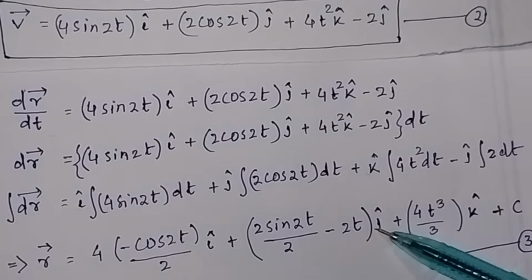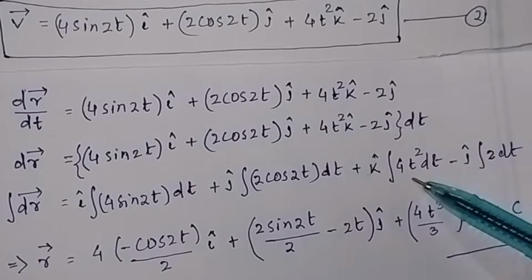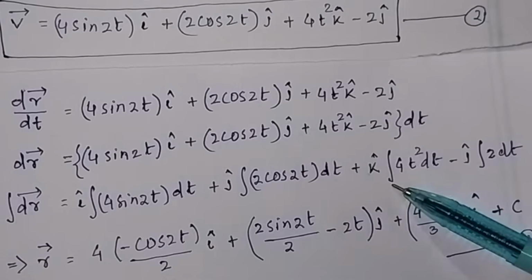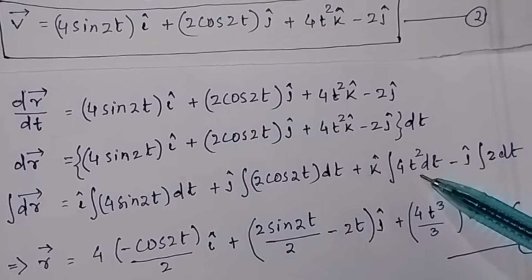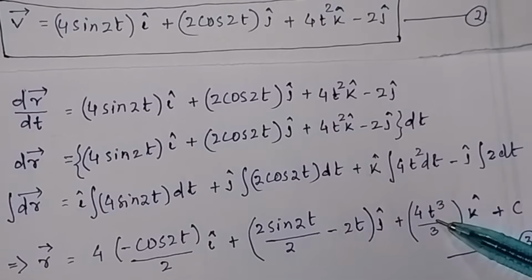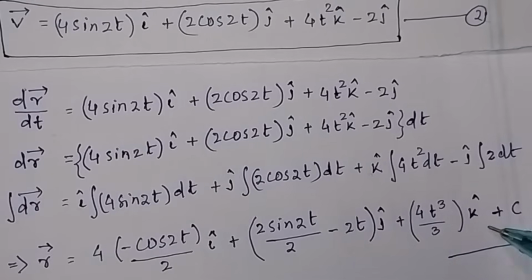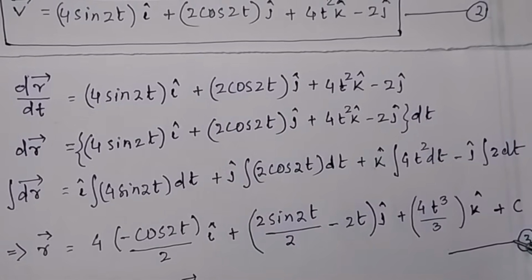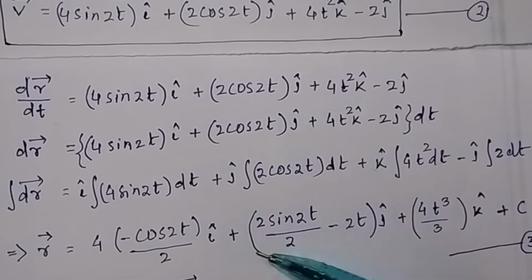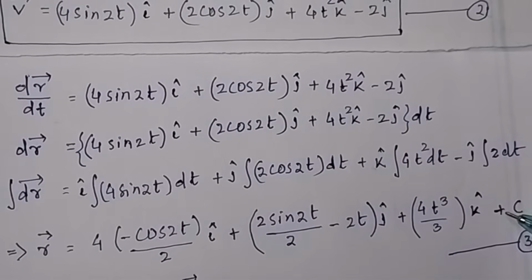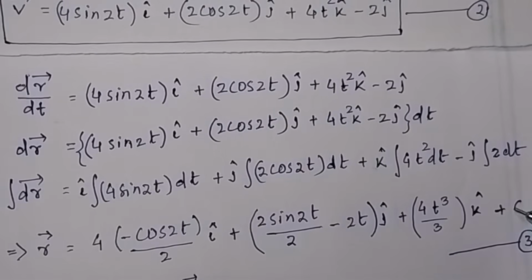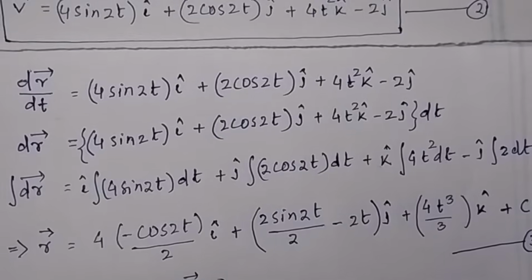So 2t into j cap, plus for the k cap component, you have integration of 4t square dt, 4 is constant, integration of t square dt is t cube divided by 3. So 4 t cube divided by 3 into k cap, plus c. Suppose this is equation 3, and here c is also a constant of integration, and you can find out the value of the constant of integration from the boundary condition.